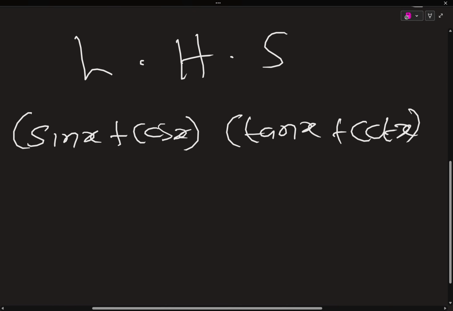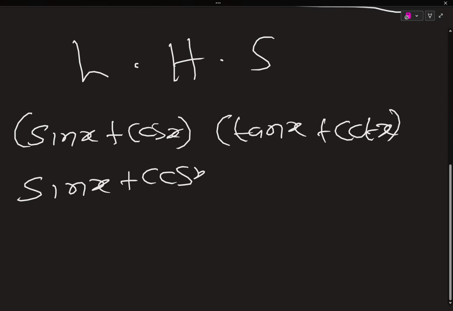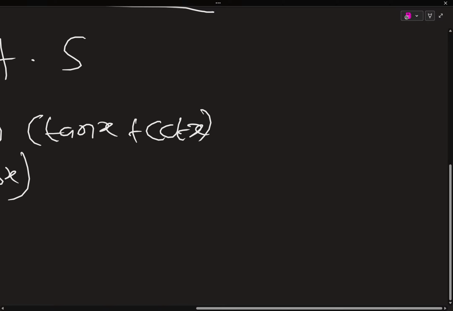So let's try to solve. We have to multiply what is in these brackets with what is in the other brackets. So let's first simplify what is in these brackets. You can simply say sin x plus cos x. Tan is simply a reciprocal identity.